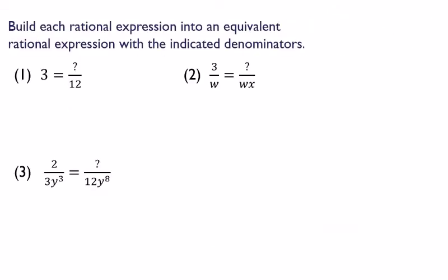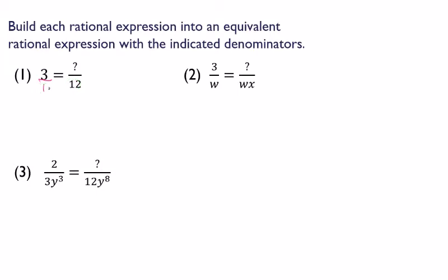So here we're just trying to build an equivalent expression, okay? So number one, we're given 3 equals what over 12, right? So think about what divided by 12 equals 3. And there's a few ways to do this, and you might already know it right off the top of your head. But one thing that I like to do is think about what the denominator is and what I had to multiply by to make it into 12, right?